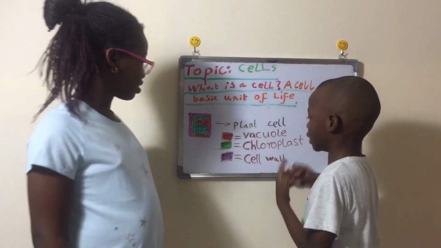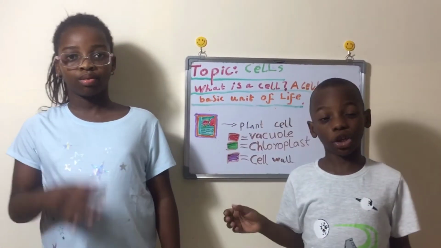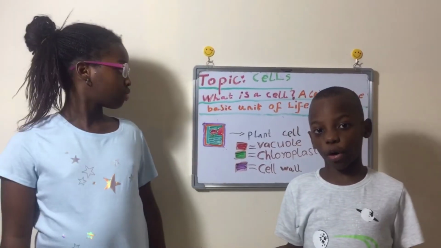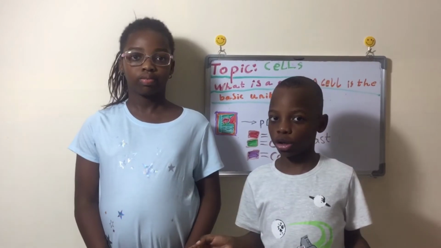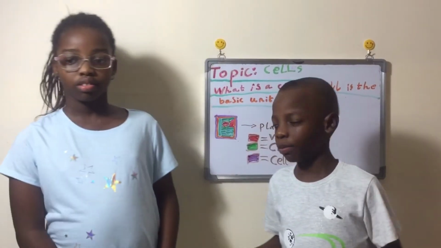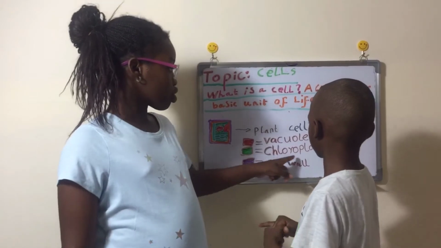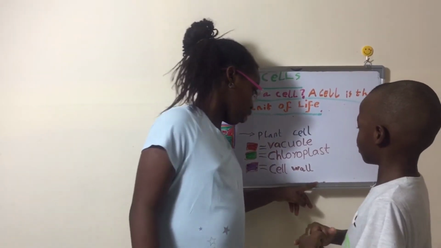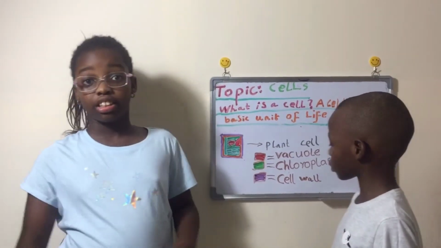And then next, there's the cell wall. This is for extra protection because it has a cell membrane already. So the cell wall just protects it a little bit more. And it doesn't have that much use except protecting it a little more. Vacuoles, chloroplast, and cell wall.